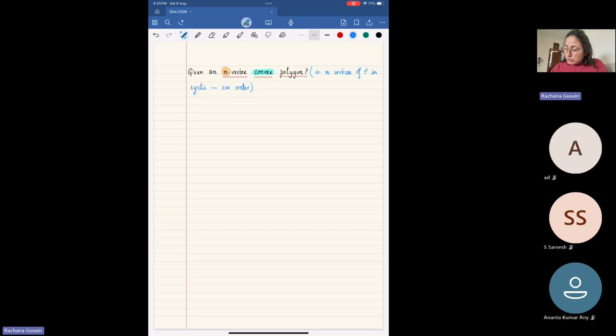The goal is to find something called a tangent point. I'll define what tangent point means, and there is something called the left tangent point and the right tangent point. The procedure to find the left or the right is the same.